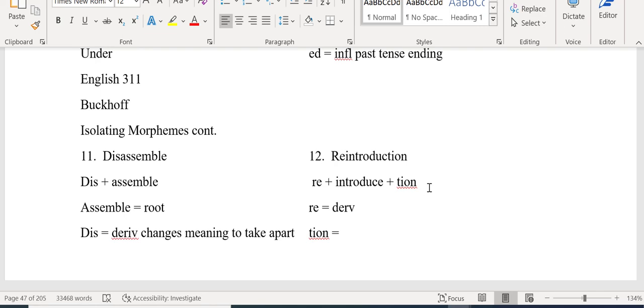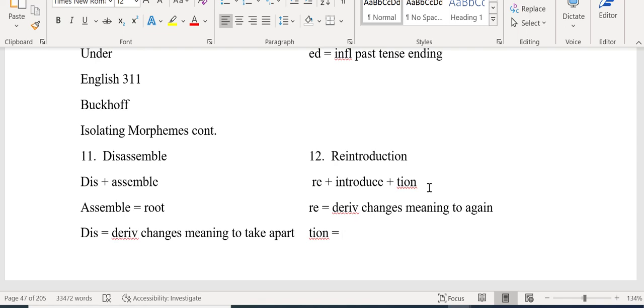Notice how it goes from introduce to reintroduce. So derivational changes meaning to again. We can see that. Then we're going from reintroduce to reintroduction. So reintroduce is a verb, but it looks like we're going from a verb to a noun when we go from reintroduce to reintroduction.